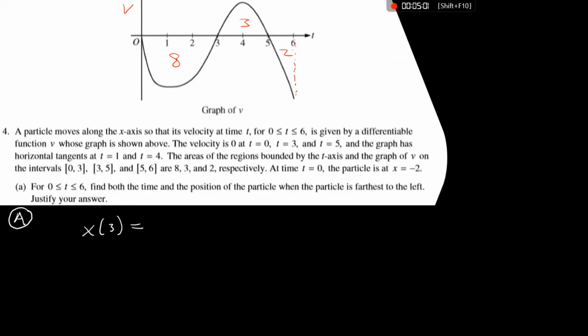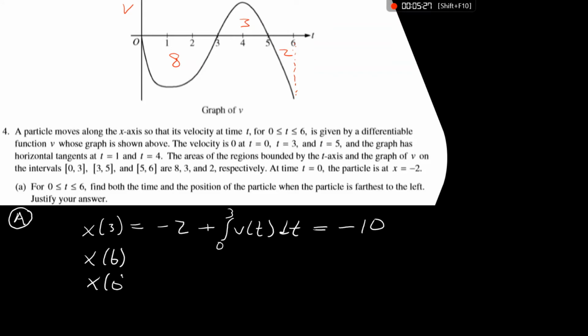Oh wait, negative 10. Okay, because we start with minus 2, plus our integral from 0 to 3 of our velocity, which is negative 10. I'll grab x at 6 and x at 0 as part of my proof too.